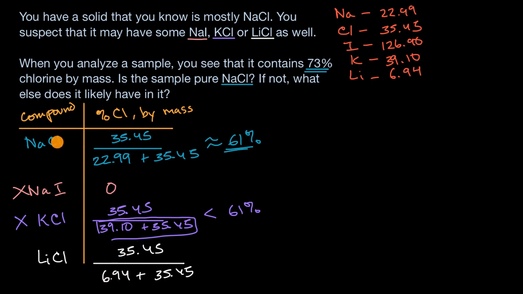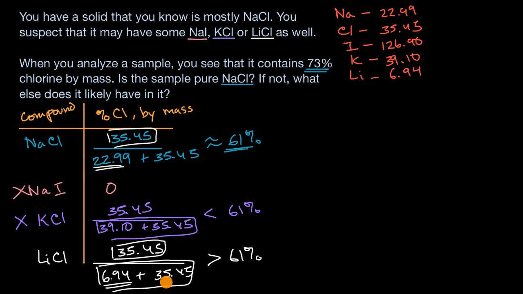So once again, when we compare to sodium chloride, we have the same numerator, but we clearly have a smaller denominator, which means that the whole value is going to be larger. This is going to be greater than 61%. So out of all of the candidates, I'm liking lithium chloride.